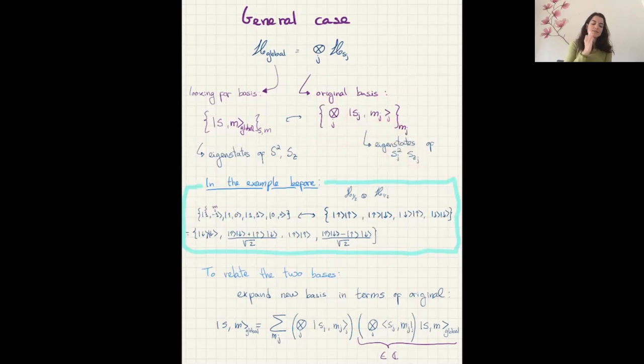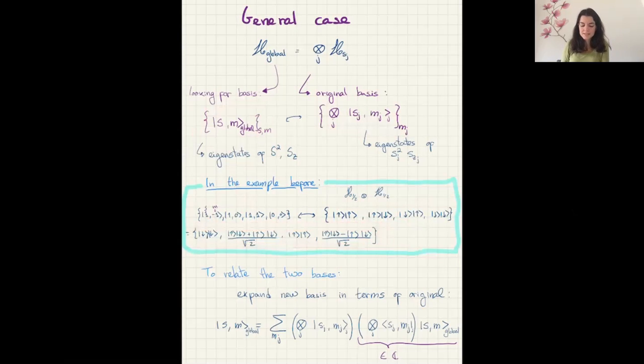And you want to find an expression for the global spin states, right? So the eigenstates of the total global spin and the global Z component of spin, right? Okay, so in the example before, these were these states, and these were these states. This is S and M, which we found out to be of this form, right?